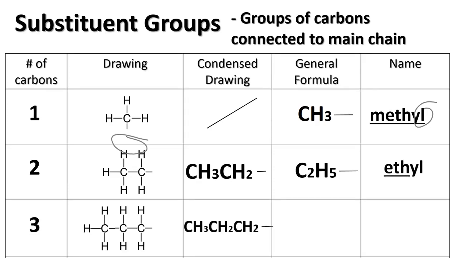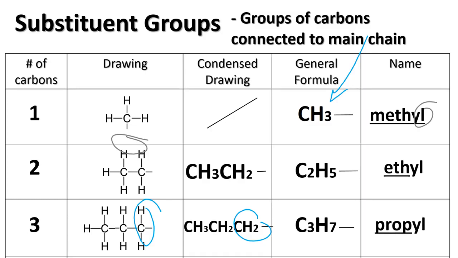Now, again, we're just adding this extra CH2 unit in every time. Our general formula goes up by 1 carbon and 2 hydrogens. You'll notice our general formula is not quite the same as our previous general formula. We've lost a hydrogen in each example. Anyway, this one's propyl. And so we're just going to carry on with butyl, pentyl, etc., all the way up to decyl. You're mainly going to come across these ones, though, in part of today's lesson anyway.